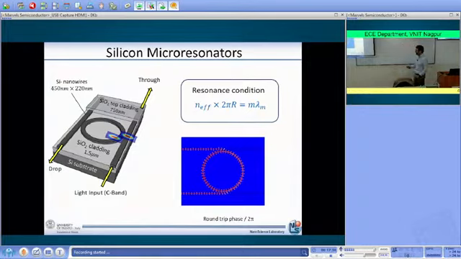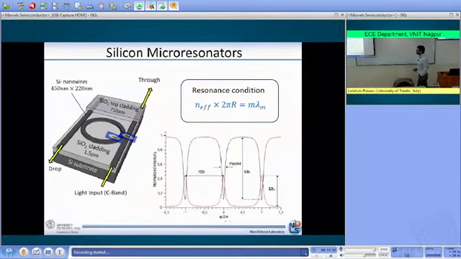And you see immediately, you can notice here that when you satisfy this resonance condition, the light is coupled to the microring resonator, starts to circulate, and a fraction of the light is dropped, exiting from this other port here. Okay? And this is the behavior of the microring resonator.